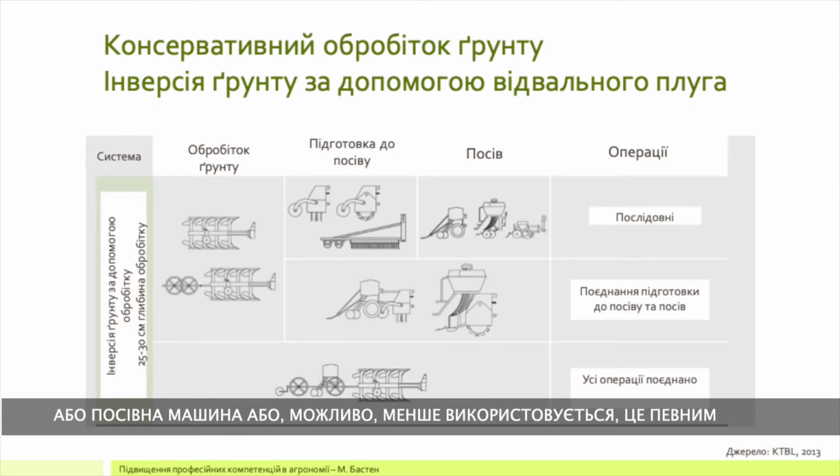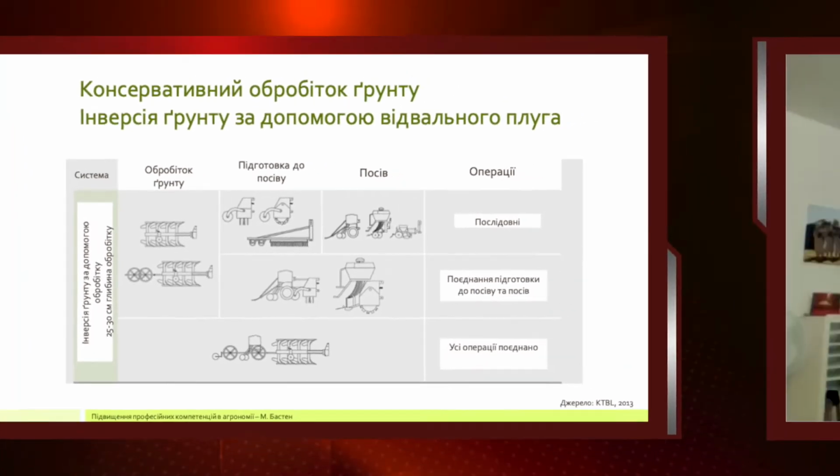Or maybe less in use is a combination of all these different operations in one. So this is very much what we call a conventional tillage based on a moldboard plow right at the beginning.